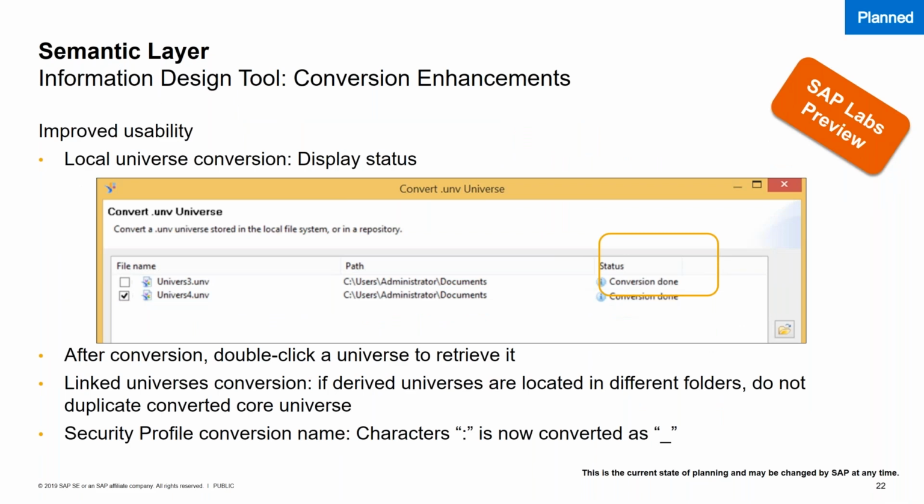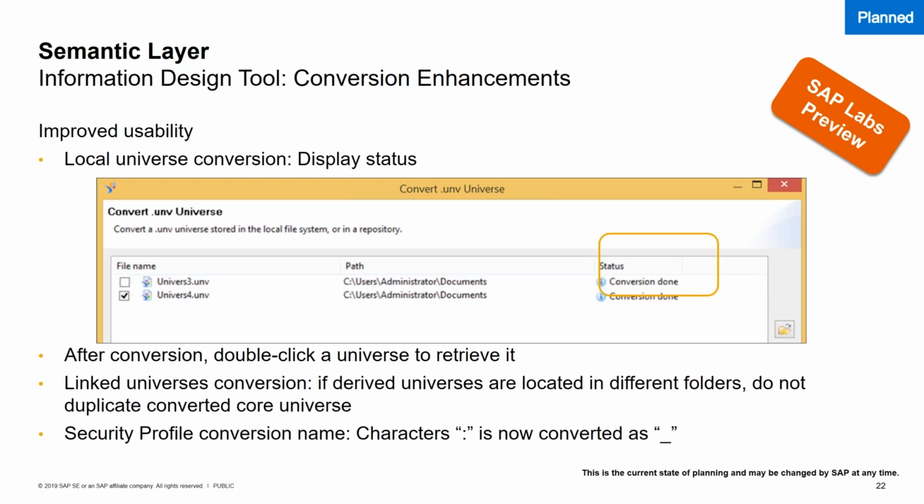We have added several enhancements when you are converting a universe in IDT from UNV to UNX. When converting a universe in the CMS repository, when you select the universe to convert, for usability the universe folder is expanded by default. That's the first one, for example.